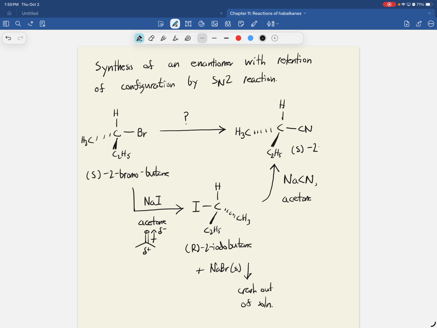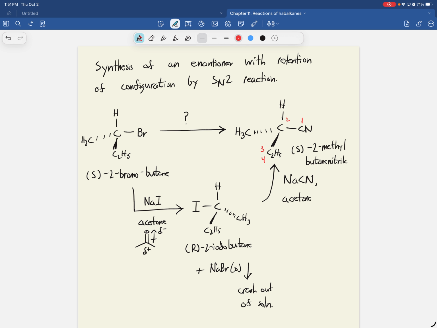This name is not going to sound familiar because we haven't talked about it yet. This is 2-methylbutanenitrile. This is how we number it. In this case, CN is now the priority, so we give this the 1 position: 1, 2, and then 3, 4.